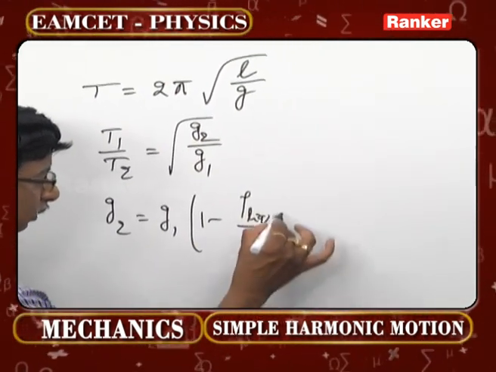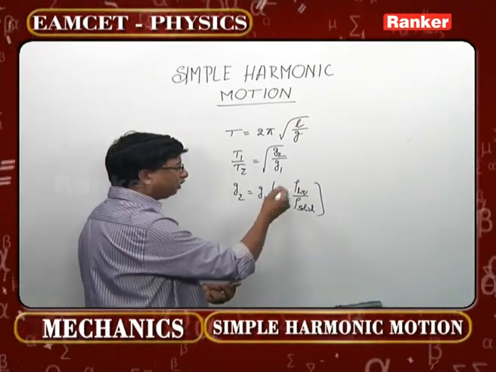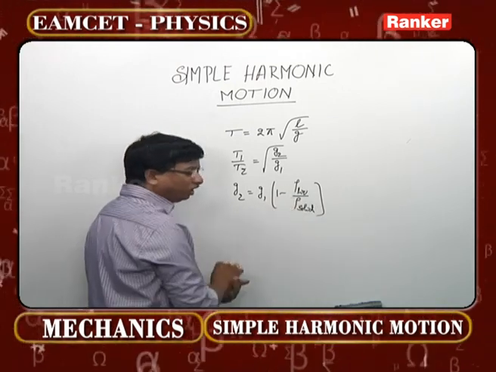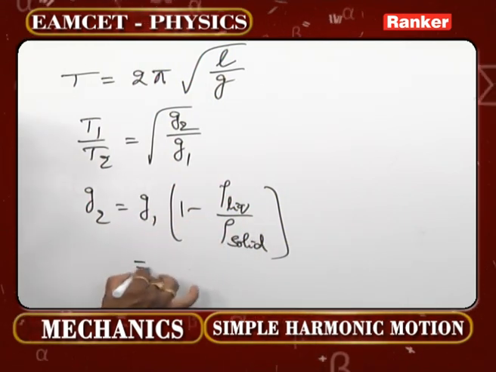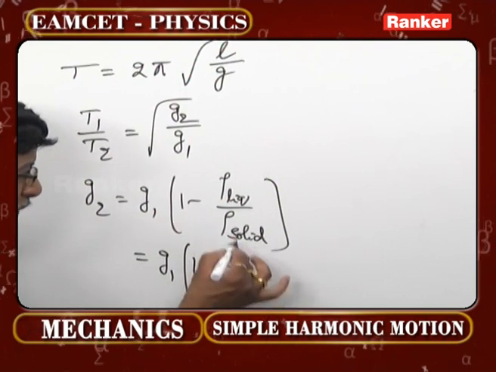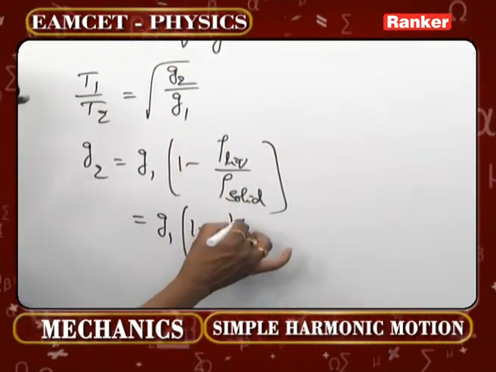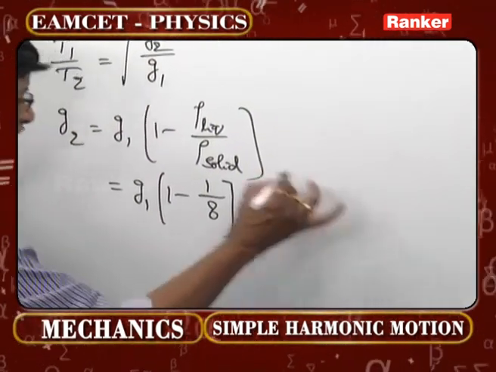This is the equation we have learnt in the chapter on viscosity and other aspects. What is the density of the liquid that is given? 1/8. So you can write g1 into 1 minus 1 by 8, because rho solid gets cancelled. 1 minus 1 by 8 means 7 by 8 times g.